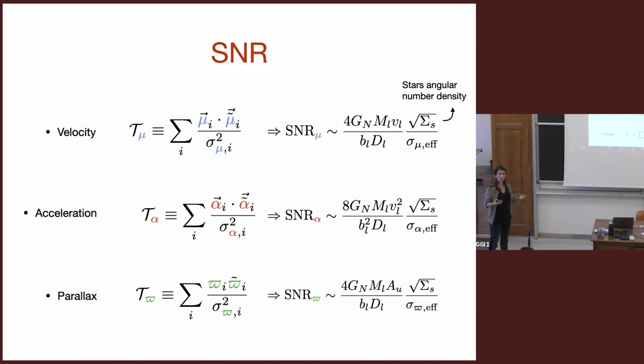And then if we have a population of lenses, the signal to noise ratio will be maximized by the lens which has the smallest distance, so the one that is closer to us, and the one that is more compact with the smallest physical size. I'm going to use this later on to show sensitivity projections by taking the maximum signal to noise ratio.